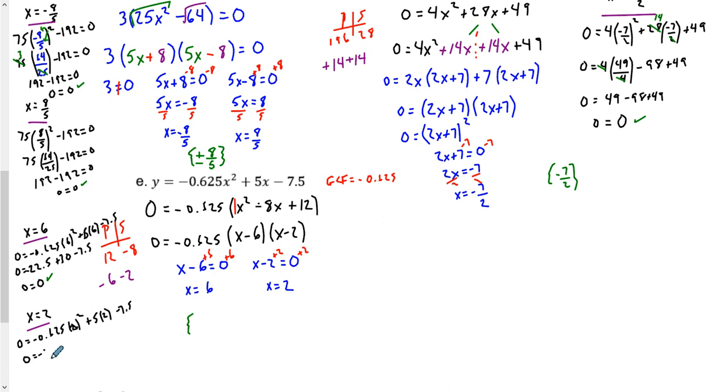We get negative 2.5. 5 times 2 is 10. Subtract the 7.5. Yep. That also works out as 0. So we are all good with both of those answers. 2 and 6 are good answers.